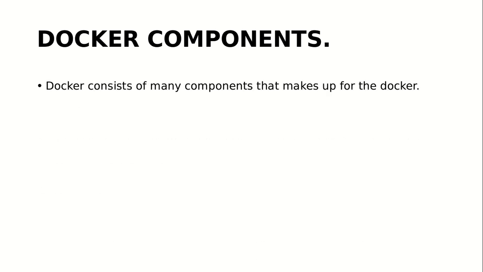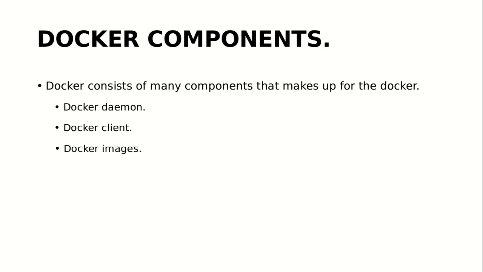Your Docker consists of many components that make up your Docker. It consists of a Docker daemon, which is your long running program that is always running in the background. Then it consists of a Docker client, which is your CLI, and this is what we use to work with Docker. And then it consists of your Docker images.